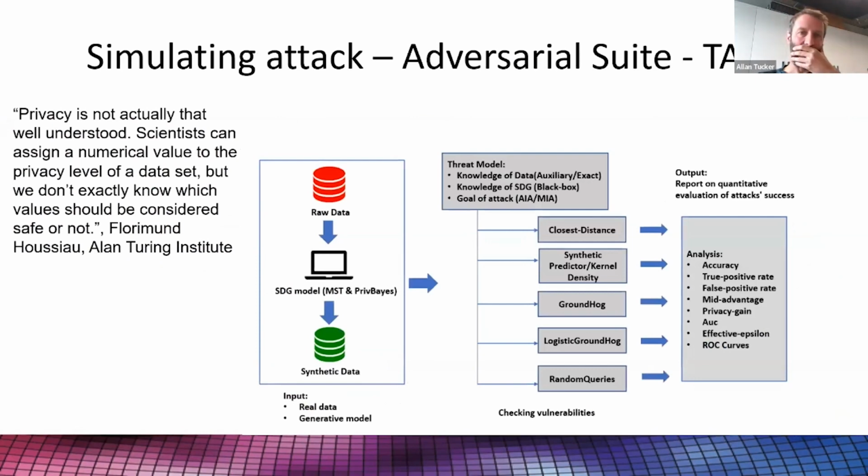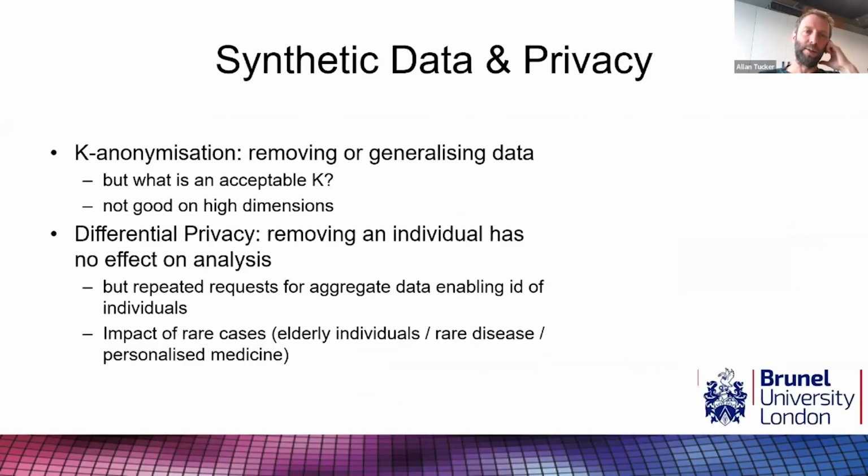But before we do that, we need to start to understand a little bit more about some of the more detailed mathematical notions involved with privacy. So, for example, things like k-anonymization and differential privacy. K-anonymization is this idea that if you can generalize data or remove key fields, you can then only identify a data point as being associated with k potential individuals.